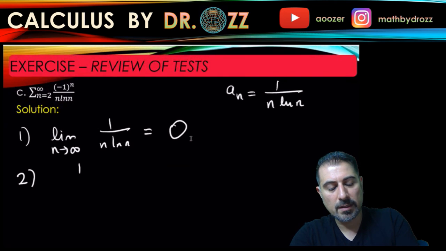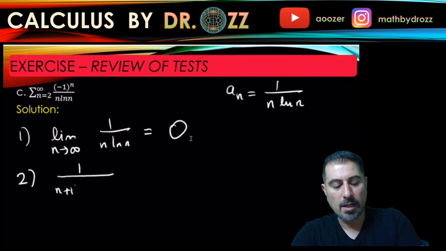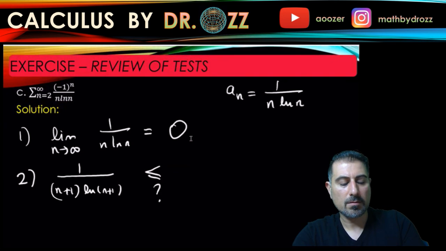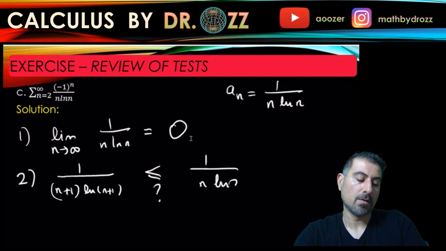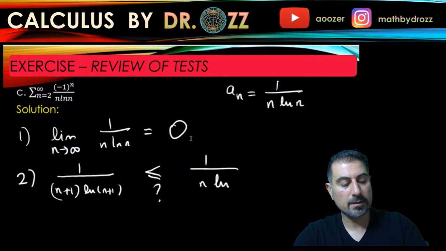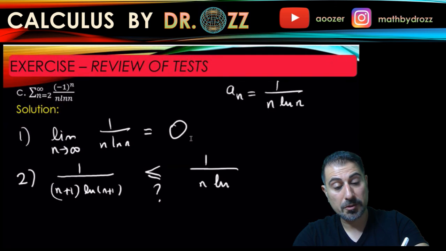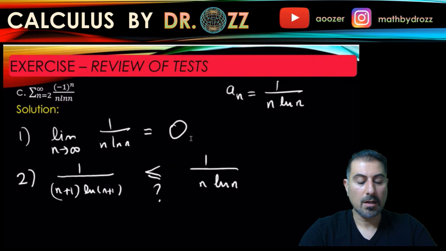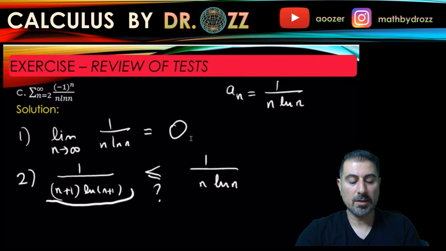So let's write a_{n+1}, which is 1 over (n+1) ln(n+1). Is it true that a_{n+1} is less than or equal to a_n? Well, to see that, this expression obviously is bigger than this expression.